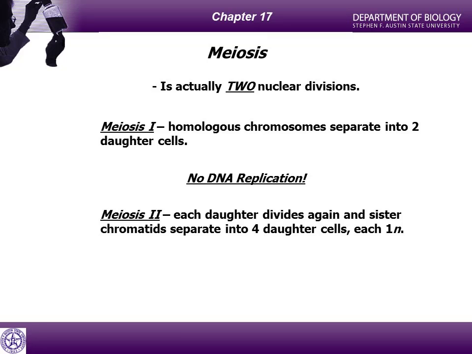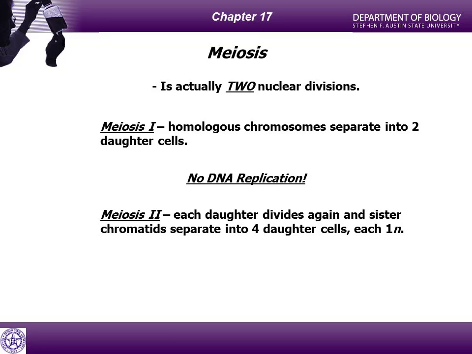So, how many sister chromatids do we have in our beginning parent cell? 46. All right? Now remember, those are sister chromatids, but we've got those sister chromatids that are both from number 1, number 2, number 3.